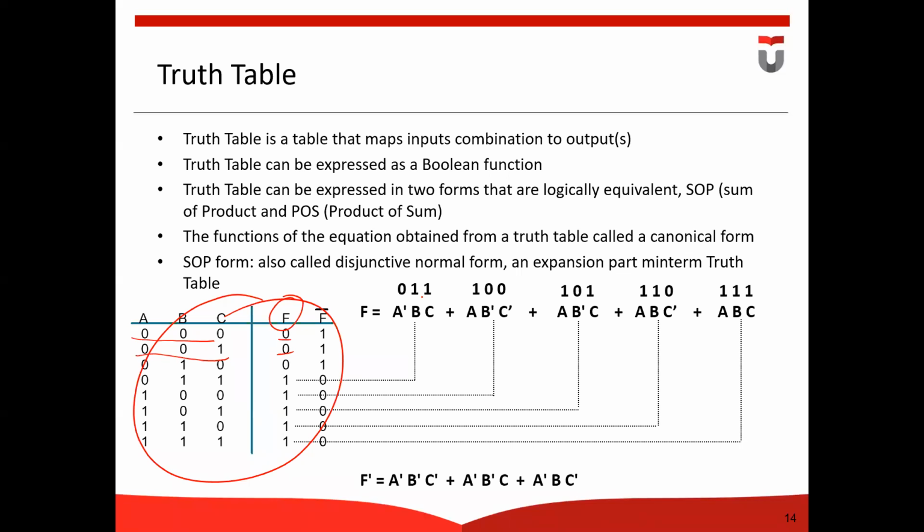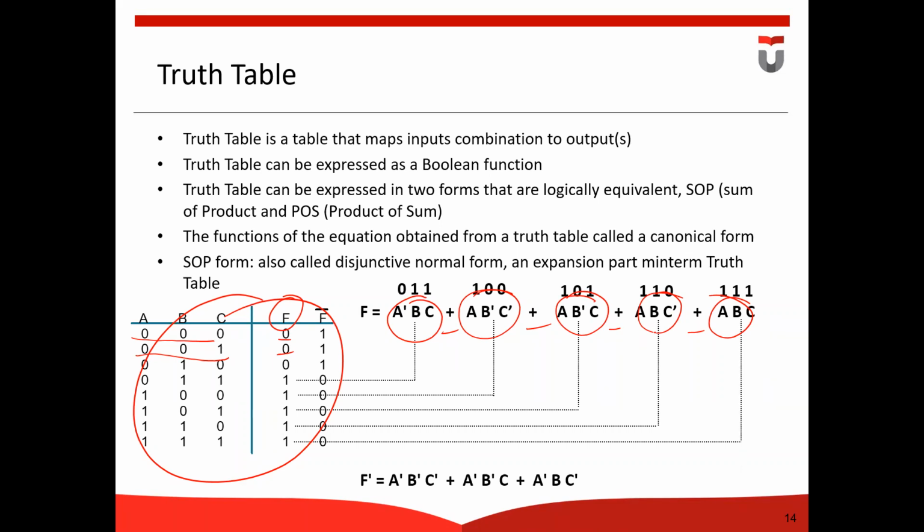This is an example of SOP, sum of product. Or in bahasa, penjumlahan dari perkalian. Sum, ada jumlah. So like something plus something plus something is SOP.